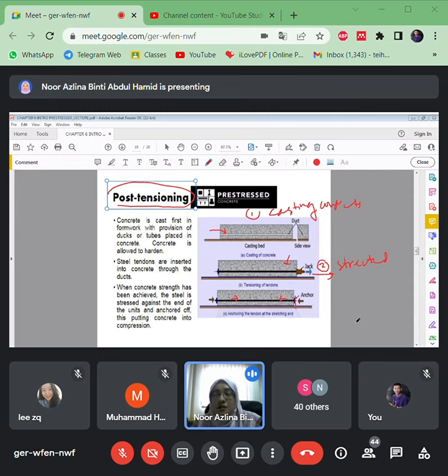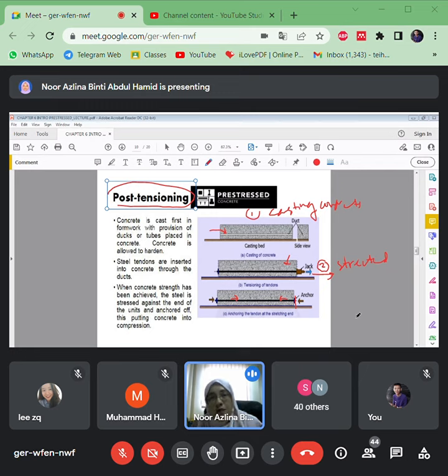So that is the difference between pre-tension and post-tension. For pre-tension, we stretch, we pull out the tendon first, the reinforcement first, and then we do the concreting.